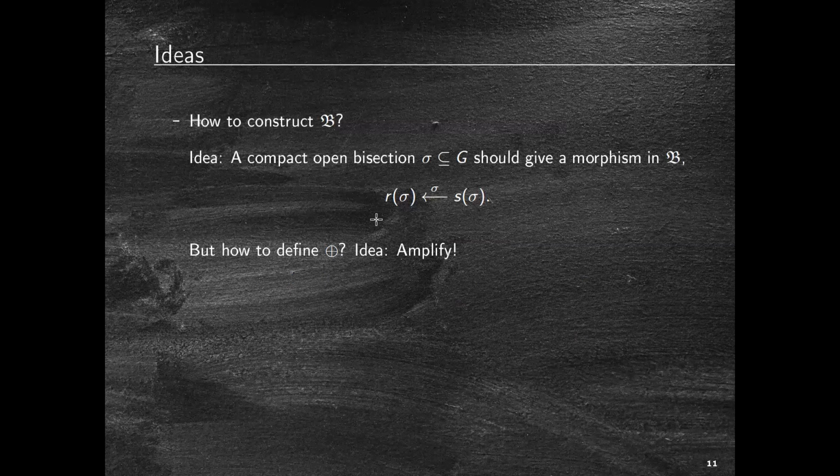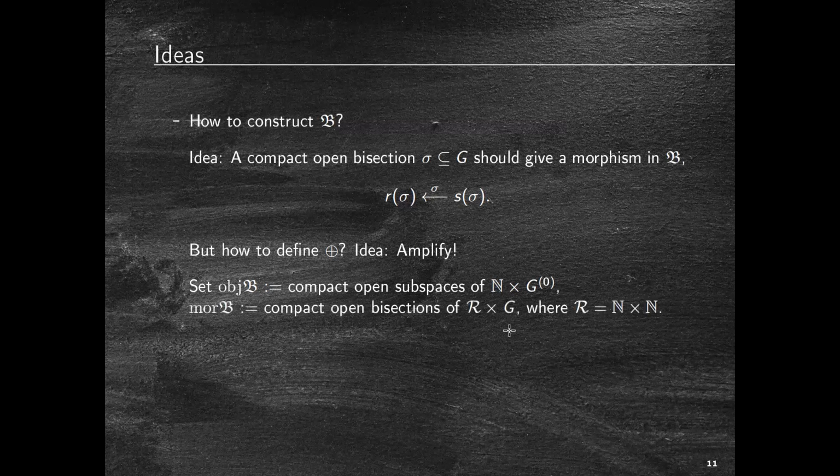And really this idea of creating space by amplifying is somehow at the heart of K-theory. So let me explain. What you do is, instead of subspaces of the unit space, you create infinite copies of that unit space. So you cross with the natural numbers. And then you look at bisections not inside this groupoid, but bisections of this bigger space you've created.